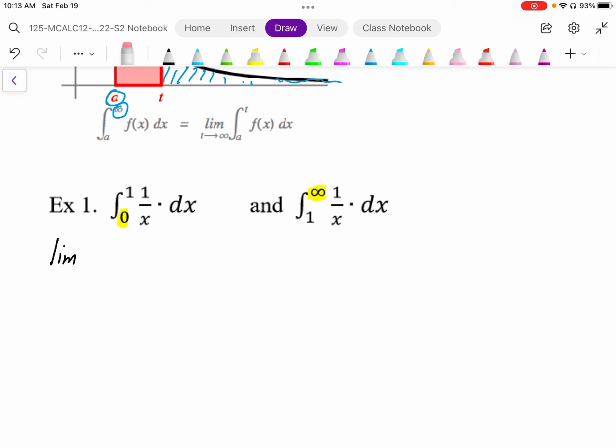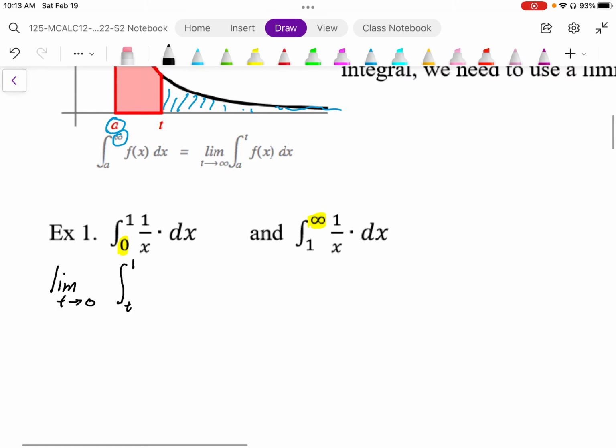We're going to say the limit as t approaches 0. And now that we've defined t as going to 0 instead of 0, we're going to integrate from some value of t to a value of 1.